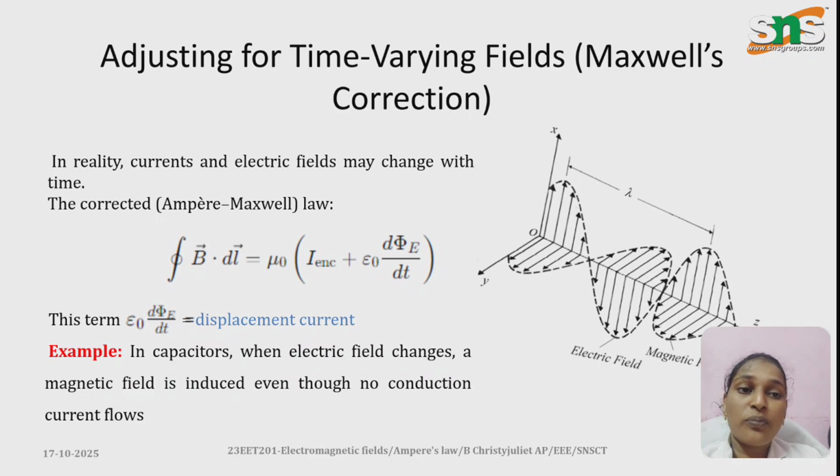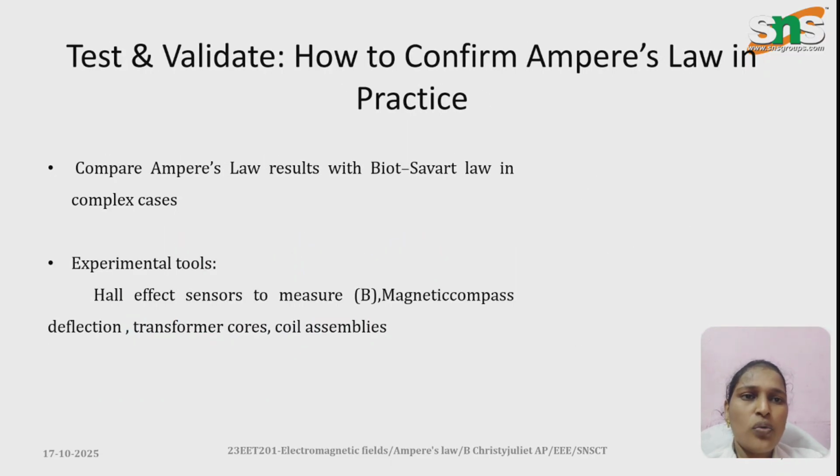That is why for time varying fields, this electrical part is also added to Ampere's law, which is called the modified Ampere's law or the Ampere-Maxwell law, where epsilon naught d phi by dt is called the displacement current.